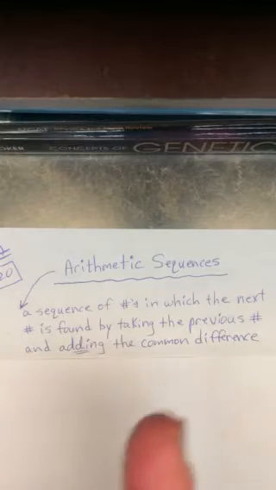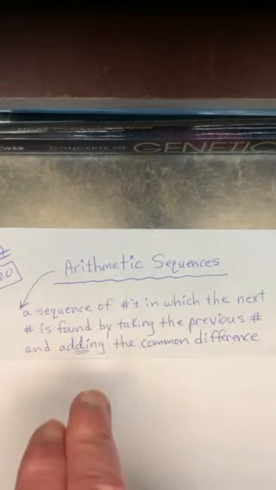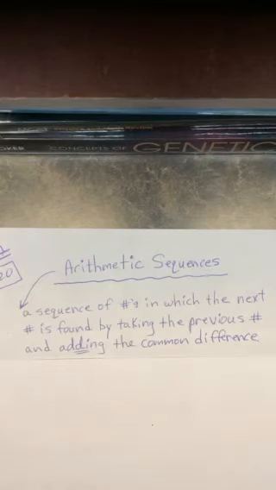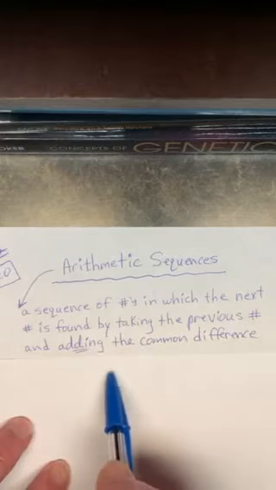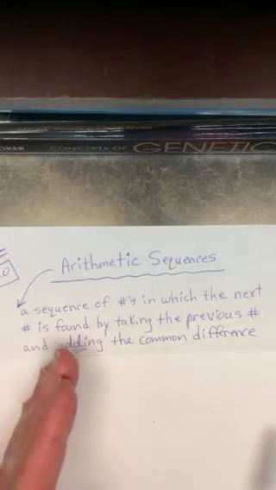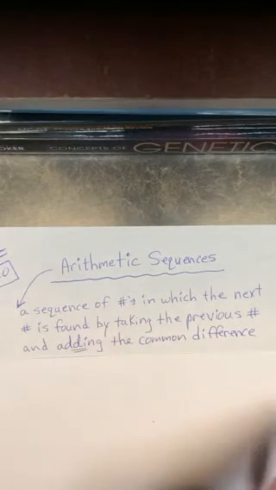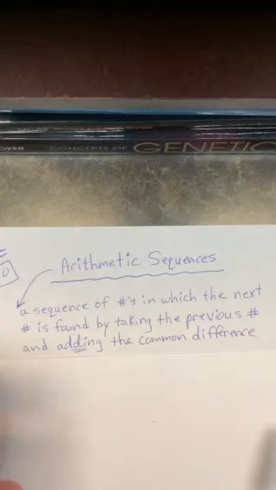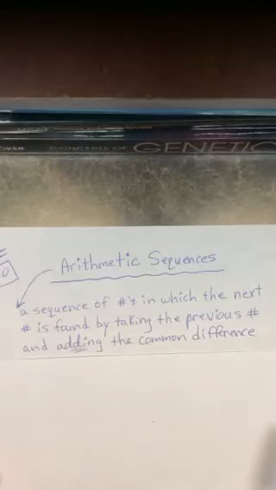It's a sequence of numbers in which the next number is found by taking the previous number and adding the common difference to it. So guys, basically we're going to be looking at a group of numbers written and separated by commas, and it's a sequence or a listing of numbers where the next number is always found by taking what you notice is the common difference and adding it to whatever that previous number was.